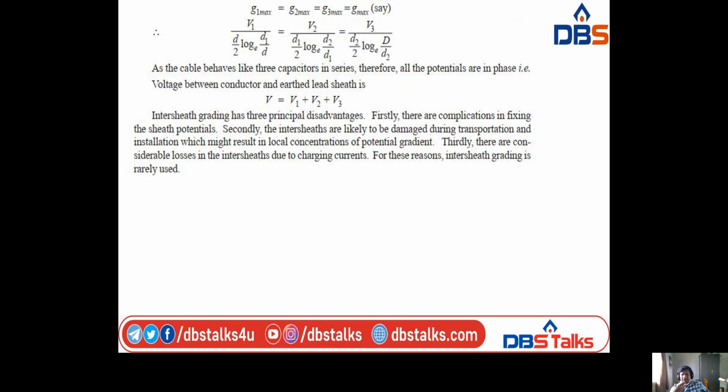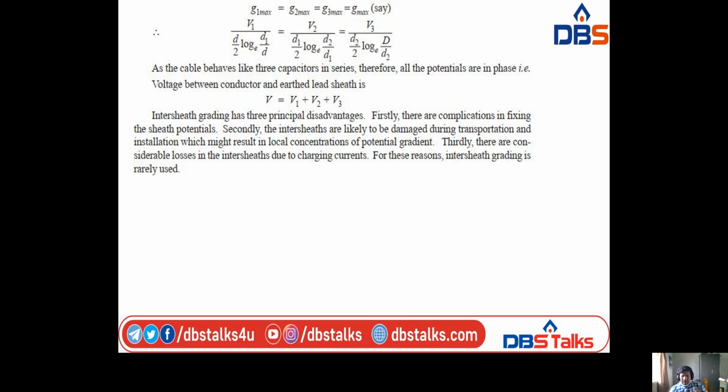So V1 by d by 2 log D1 by d is equal to V2 by d1 by 2 log d2 by d1, that is equal to V3 by d2 by 2 log capital D by d2. As the cable behaves like three capacitors in series, all the potentials are in phase. Voltage between the conductor and earthed lead sheath is V equals V1 plus V2 plus V3.